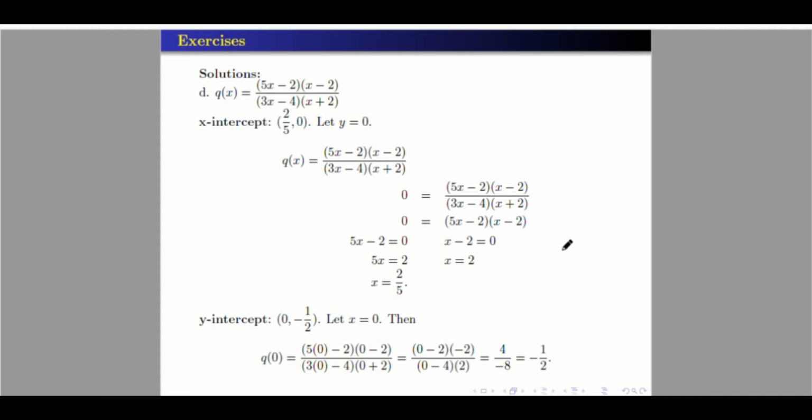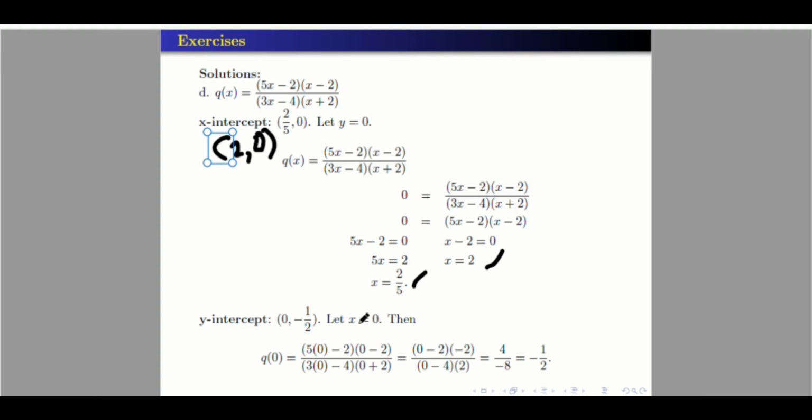So solving for x, we have x is equal to 2 over 5, and x is equal to 2. So there are two values here actually. The first one is 2/5, 0, and the other one is 2, 0. So we have two x-intercepts for this problem, since we have two values of x.